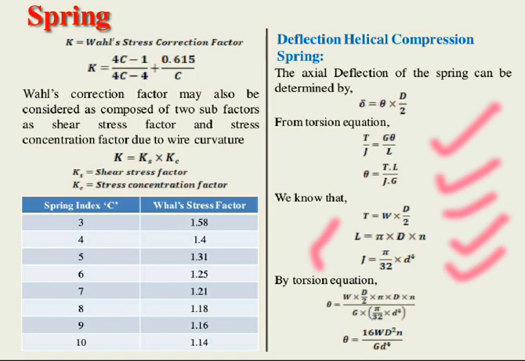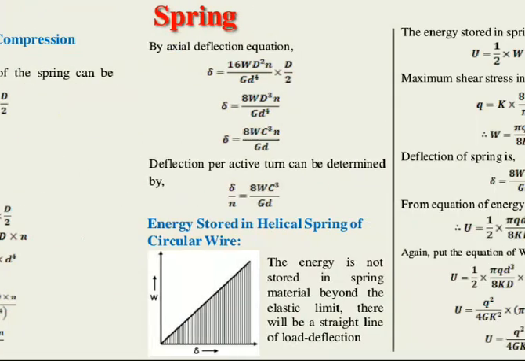So on putting all these values in the above equation, we get theta equals W into D by 2 into pi into D into N divided by G into pi by 32 into d to the power 4. On rearranging the equation, we get theta equals 16 W D square N by G d to the power 4.